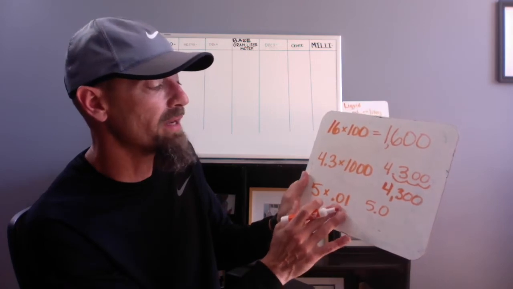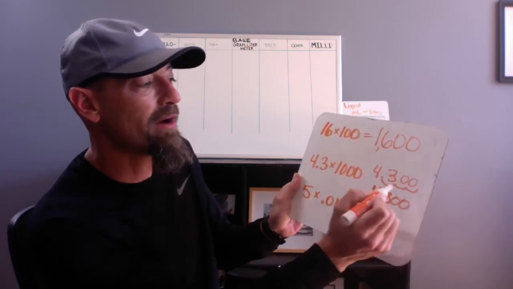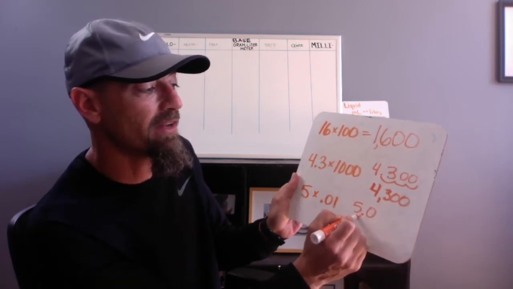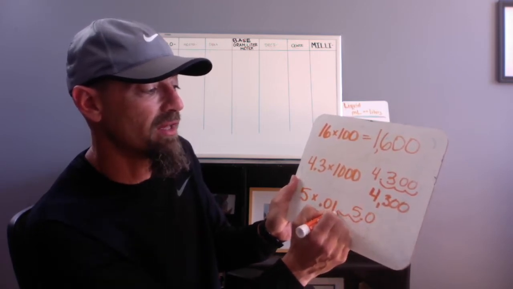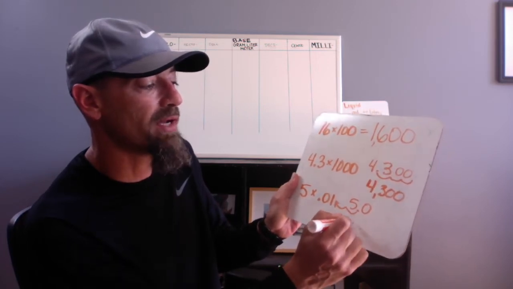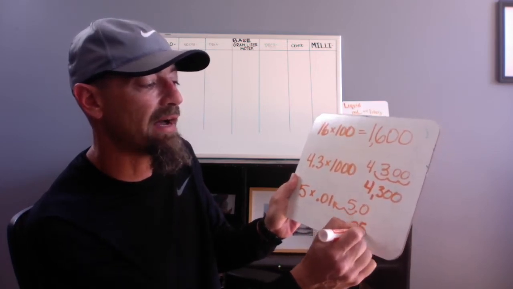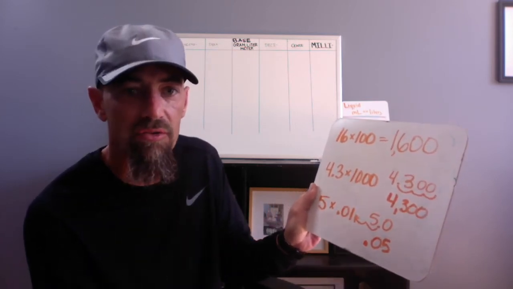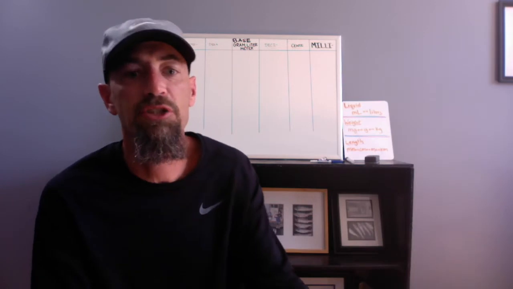I'm multiplying by a number less than 1. So now, instead of my decimal spot going to the right, it's going to the left. So I'm going to have 0.05, and there was a 0 back there, but we don't need that in that case. All right, so there's our little refresher on how to multiply by a base 10 number.